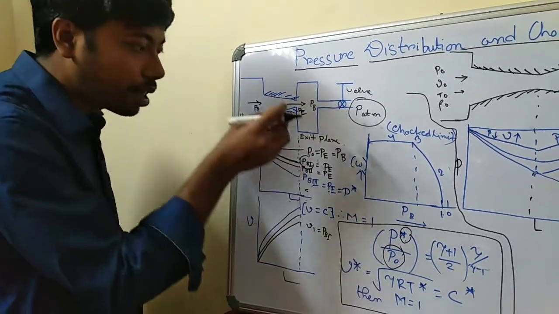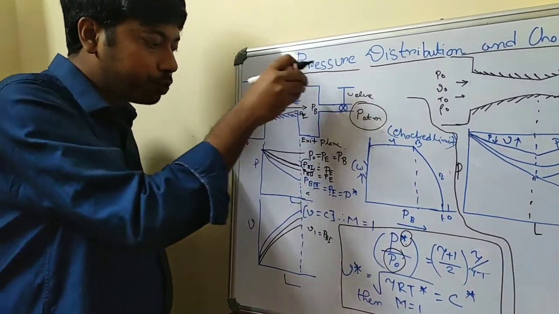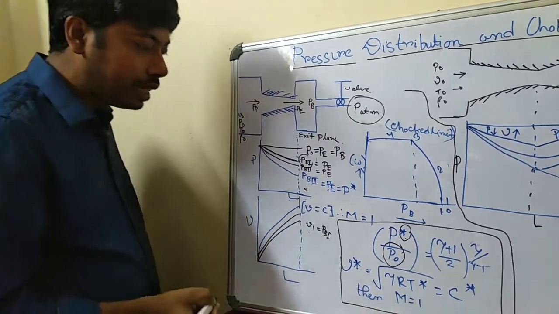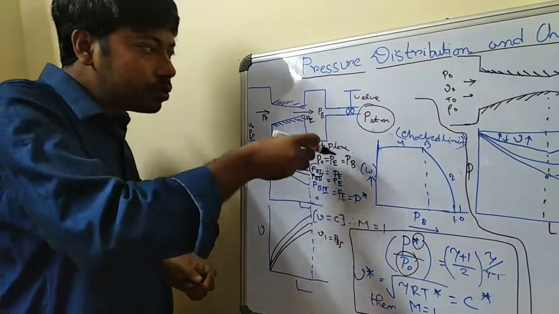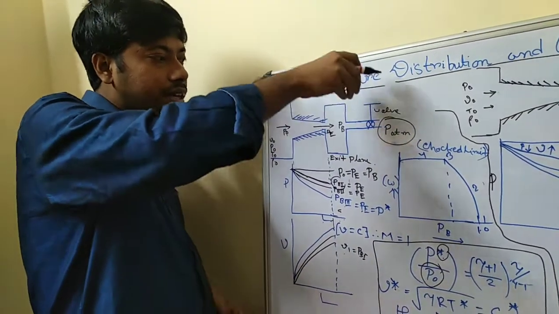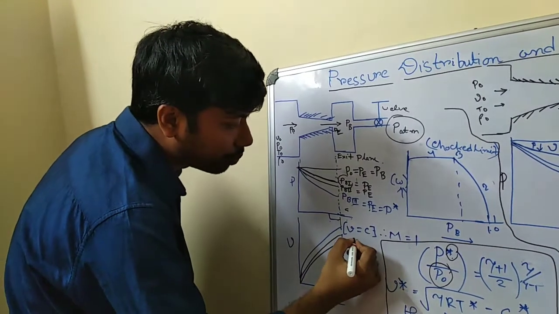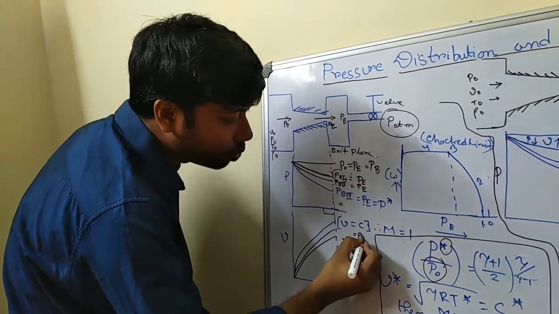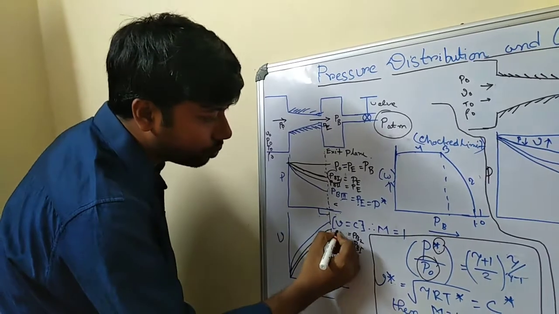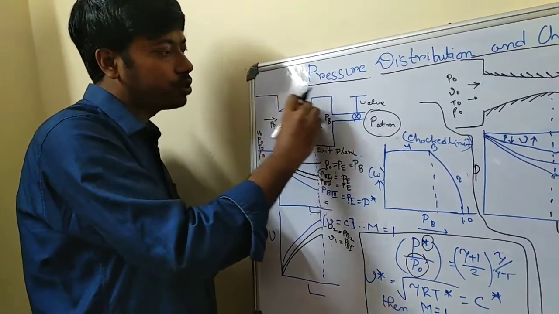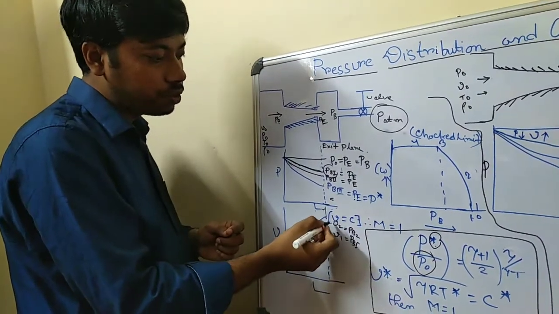If you reduce the pressure from PB to PB1, it will attain a particular velocity, that is basically V1. Again, if you reduce the pressure by slowly opening the valve, and it reaches PB2, the corresponding velocity will be V2, because the flow velocity is increased here. That's why V1 to V2.